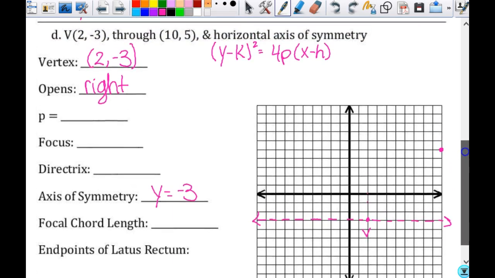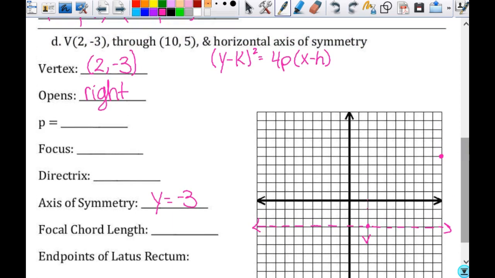All right, so what do you think I can do to figure all this out? Any ideas here? I can substitute it in, right? Because I have an x and a y, and I have an h and a k. So this vertex is my h, k. The point that it goes through is some x, y, and I can replace all of those and figure out what p is. I'm going to do this down underneath, though.